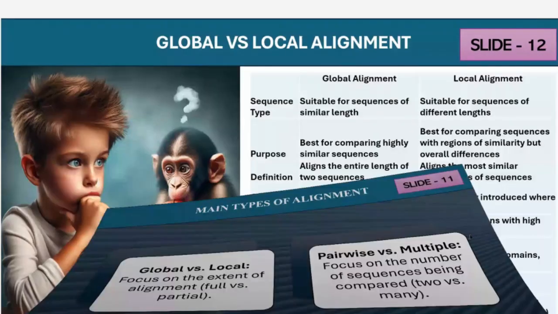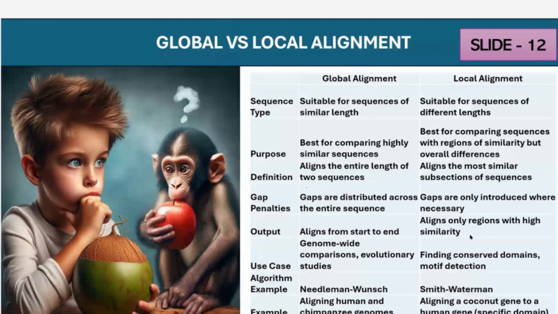From this table, you can see the details and the differences between local and global alignment. In case of global alignment, as the name indicates, it is done globally or fully across the sequence. One suggestion for global alignment is that the sequence lengths should be similar because it is suitable for comparing similar sequences.